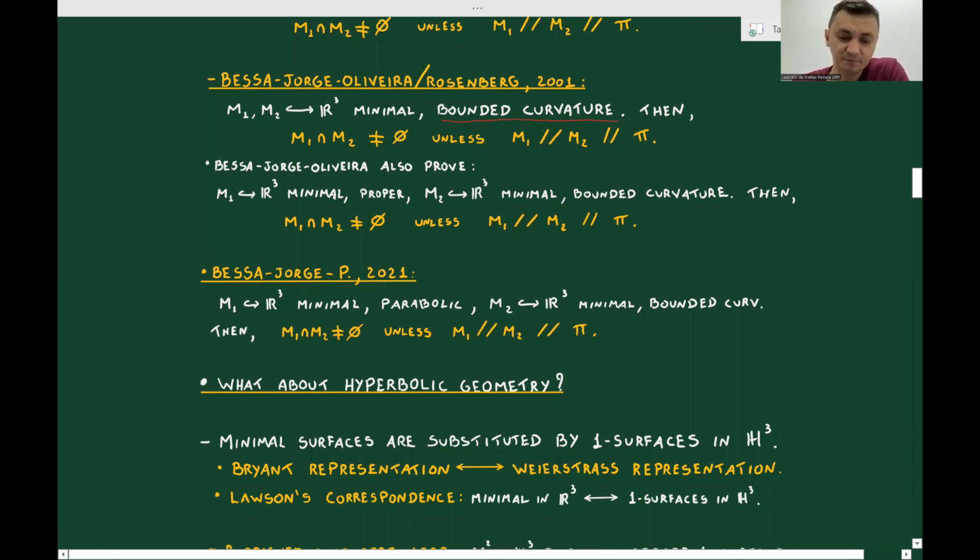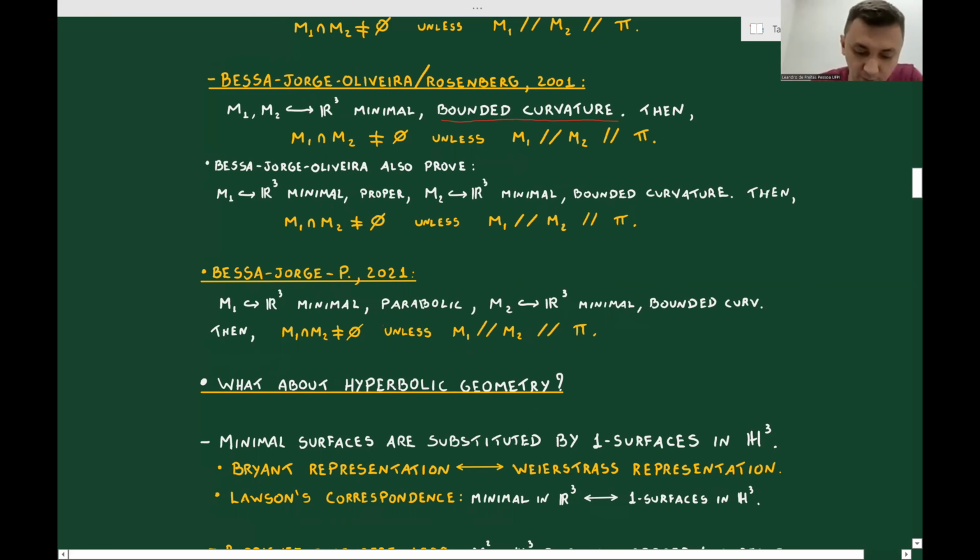So in the same paper, Bessa, Jorge, and Oliveira also propose a kind of mixed half space result in a strong way. Now they consider not only surfaces with bounded curvature, but they also consider one surface with bounded curvature and the other surface properly immersed in the Euclidean space.